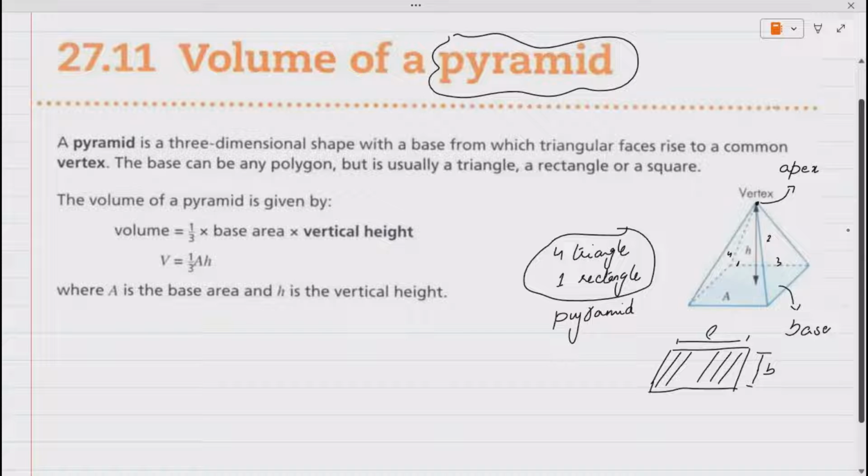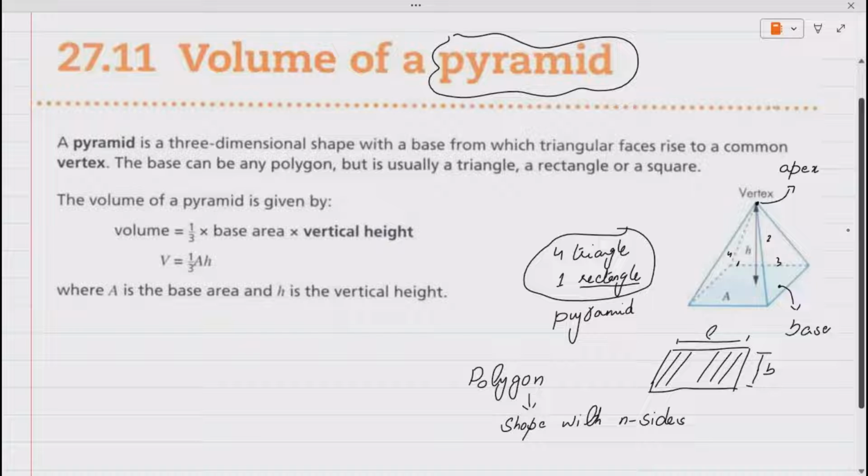Okay. The important thing is that for the pyramid, this base, which in our topic we are taking as a rectangle, right? For a general pyramid, this can be any polygon, right? A polygon is a shape with n sides. So the polygon we have here has four sides, and this polygon has a nice name, which is rectangle, right?